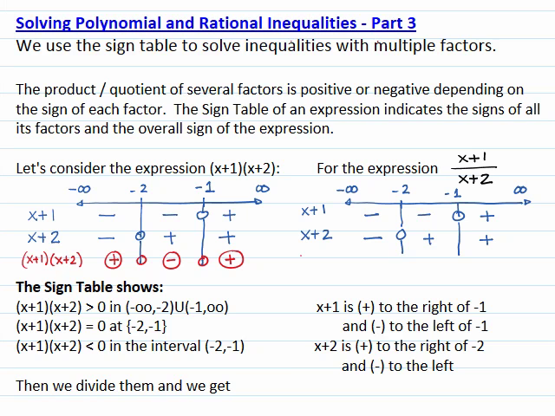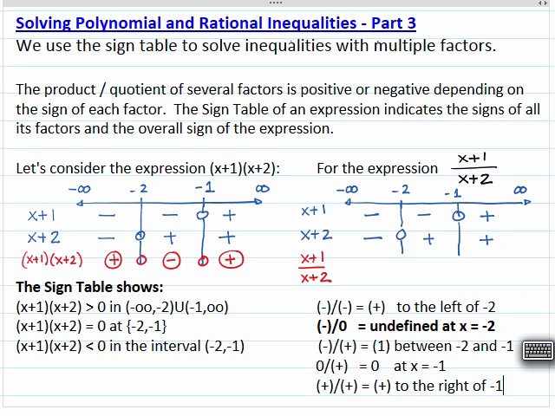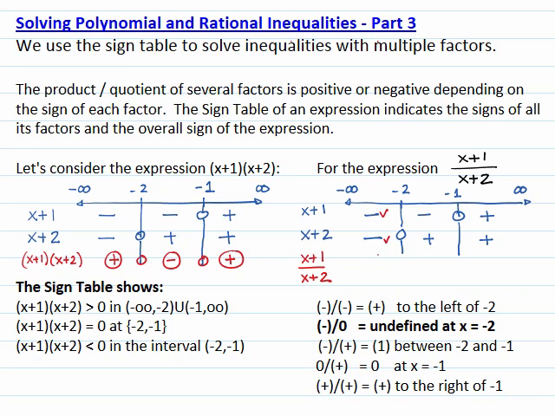Our expression is x plus 1 over x plus 2, and we get negative divided by a negative equals a positive quantity, and negative divided by a 0 is undefined, and I mark this with an X. Negative divided by a positive is a negative quantity. 0 divided by a positive is a 0 quantity, and positive divided by positive is a positive quantity.